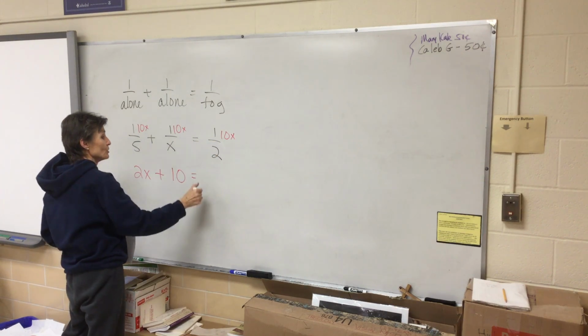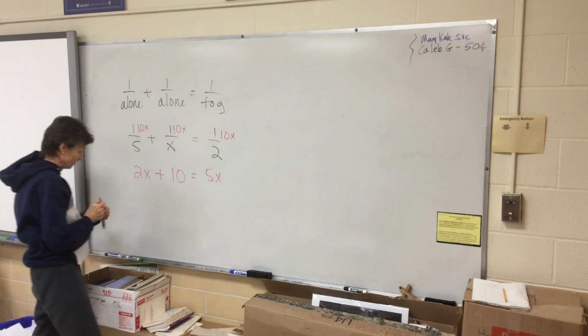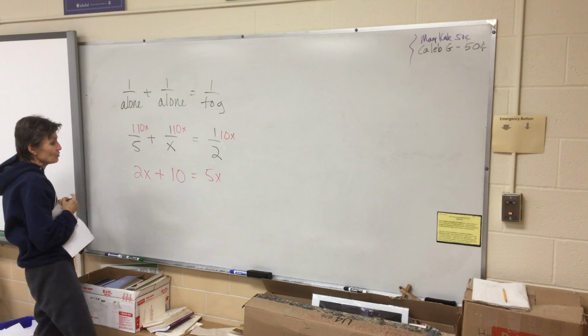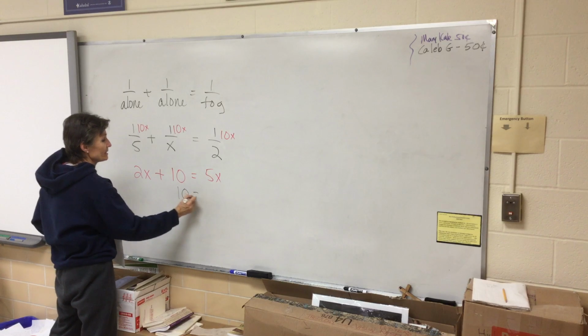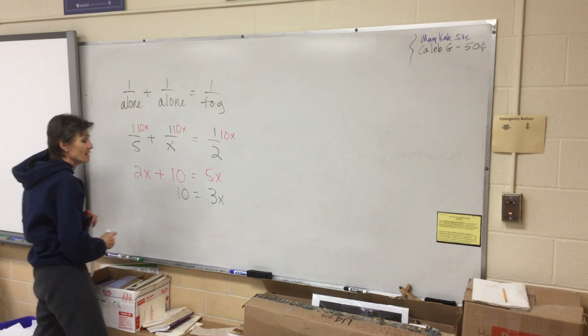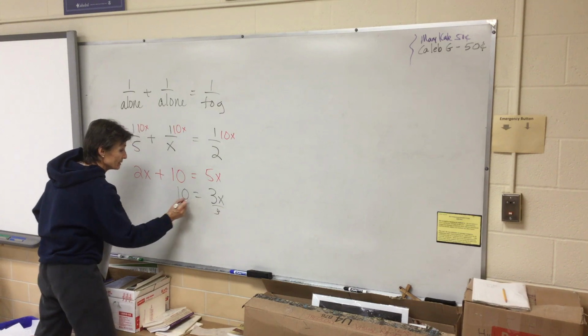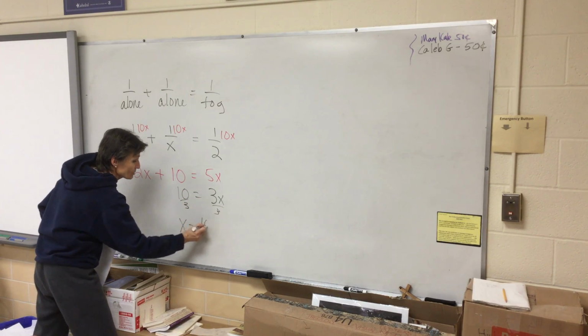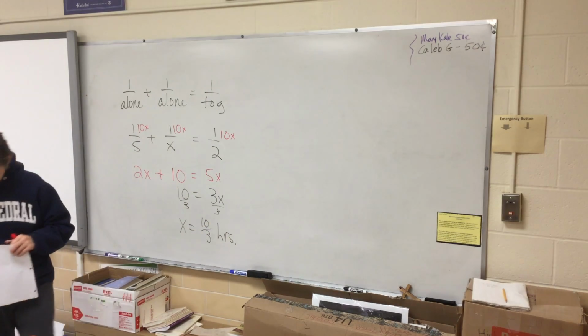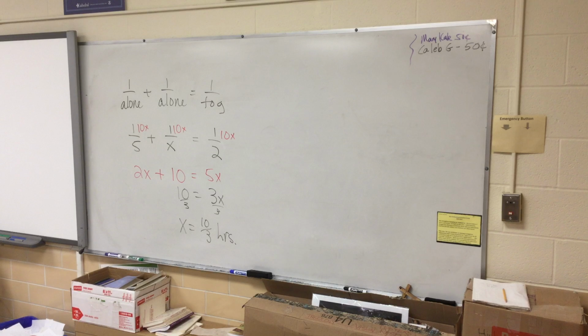And 10x over 2 gives me 5x. So subtracting 2x, 10 equals 3x. And then dividing by 3, it looks like x equals 10/3 hours. So it takes Brooke alone 10/3 hours.